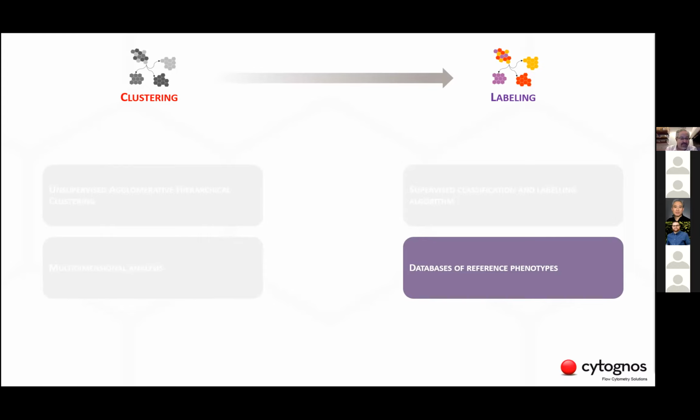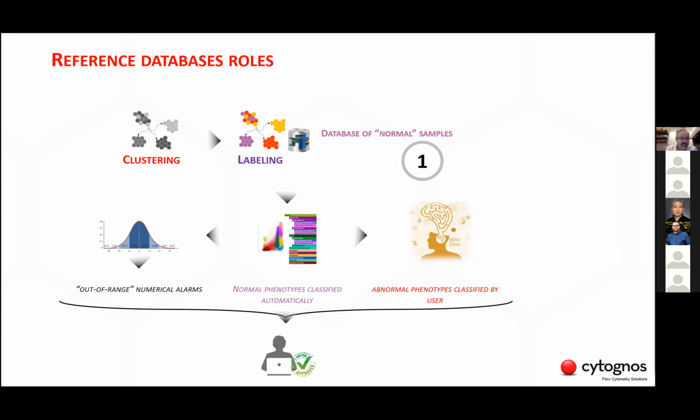And these databases are used in different ways in the automated analysis process. They can be used simply to automatize the identification of the known phenotypes.